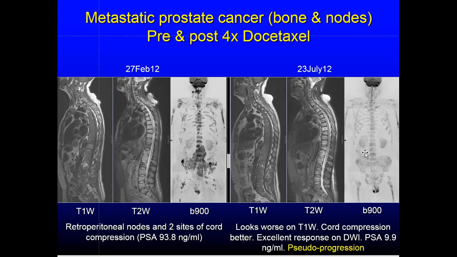Now, why does that happen? Why do we see this dramatic reduction in the signal intensity, yet apparently on the T1 sequence it looks a lot worse? This is the point at which we really need to start to talk about what diffusion imaging is.